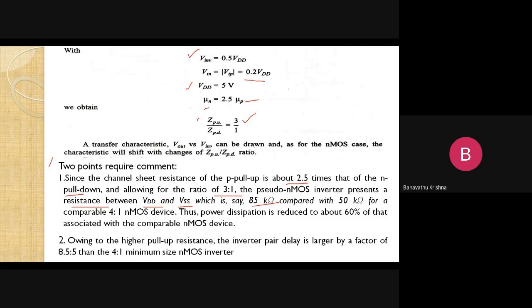So totally here Z pull up equals 3 into RS, the on resistance, that is 3 into 2.5 into 10 to the power of 4 ohms. Okay, so finally I get 75 kilo ohms, 75 kilo ohms, that is for the pull up device.